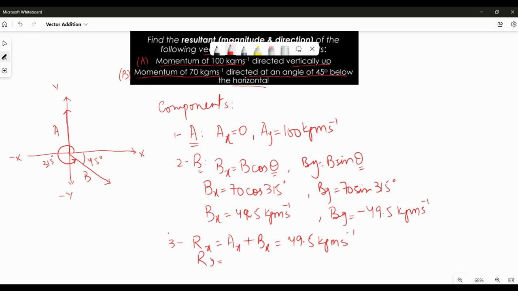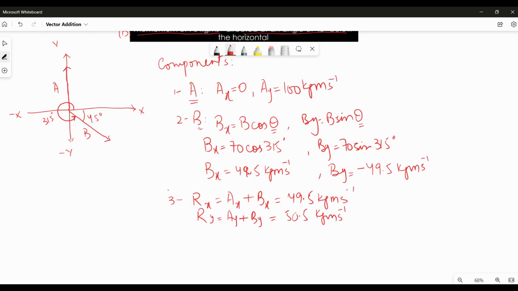Ry, the y component, will again be just an algebraic sum of the y components of the two given vectors. Ay 100, By minus 49.5. If I do the math, I end up getting 50.5 kilogram meter per second, and with a positive sign this time, because we can clearly see Ay has a larger y component than By.